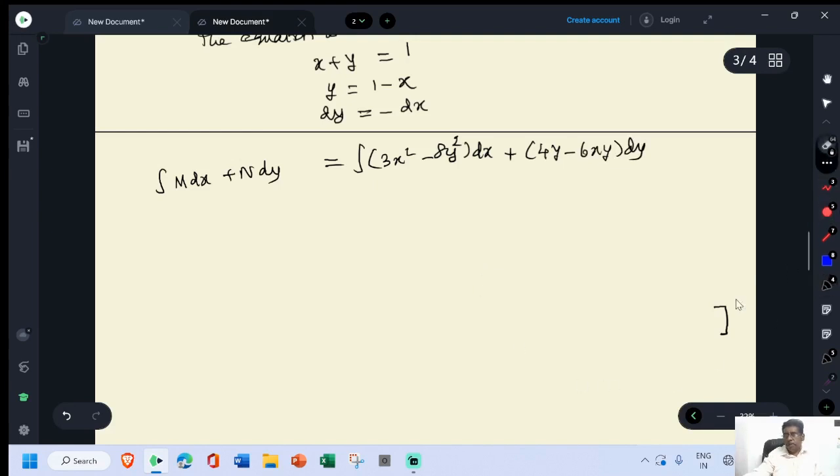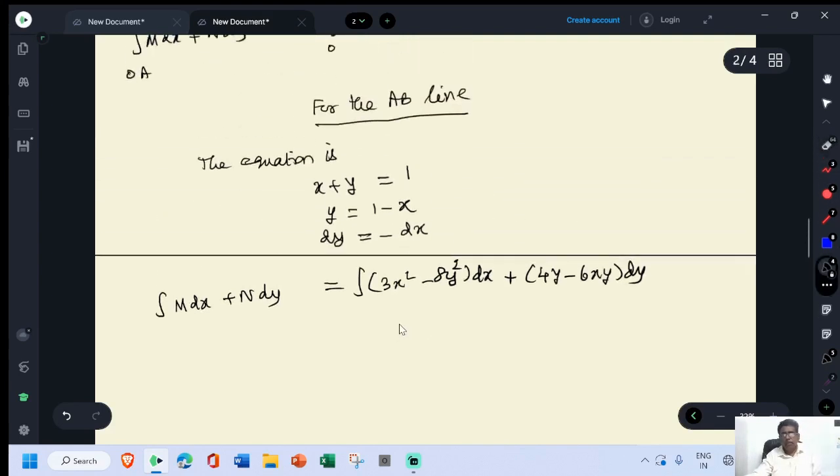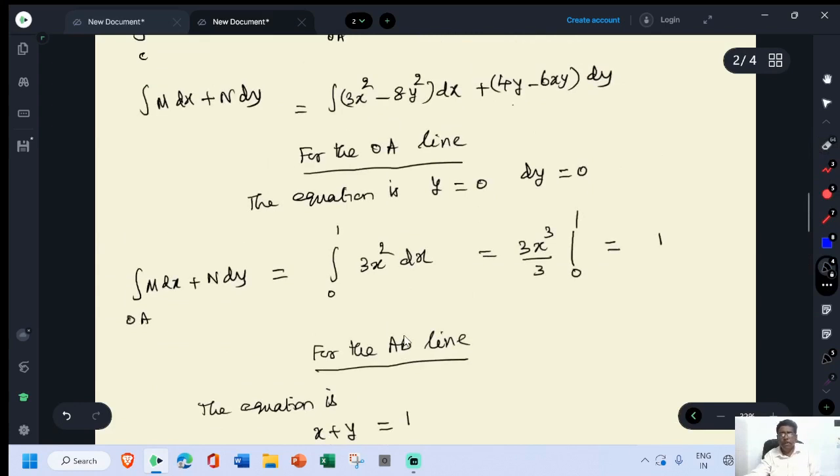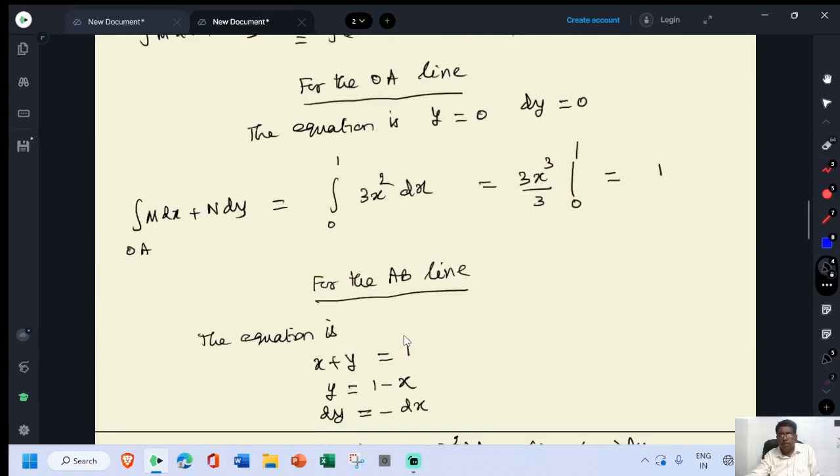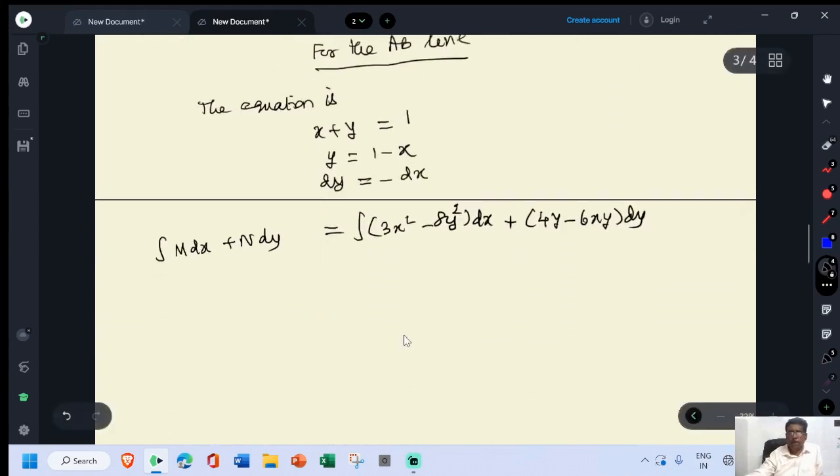This is the value of m dx plus n dy: 3x square minus 8y square dx plus 4y minus 6xy into dy.